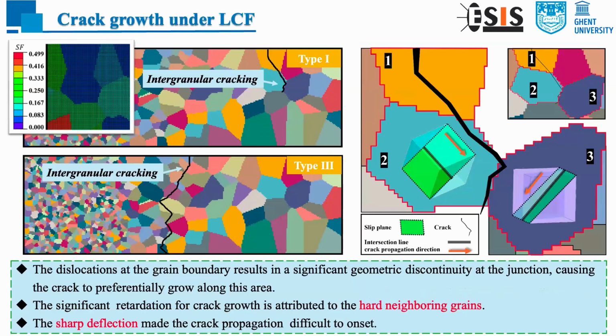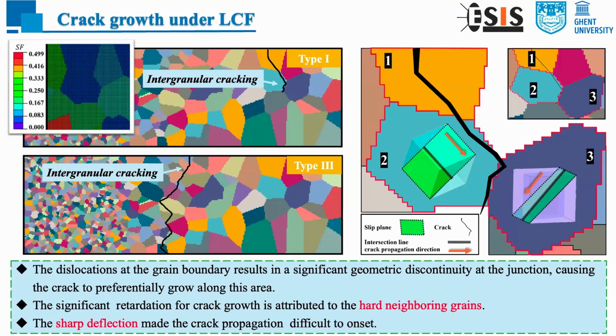For type 1 and type 2 cracking, we will notice there's intergranular cracking, which means the crack grows along the grain boundaries. And we also know that for type 1 cracking, there will be an obvious retardation. This is because there might be a very sharp turning, where the deflection is very close to 90 degrees.